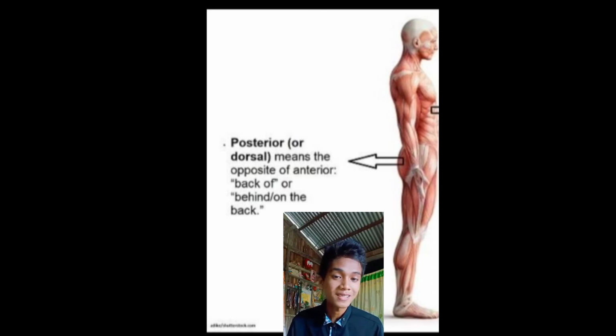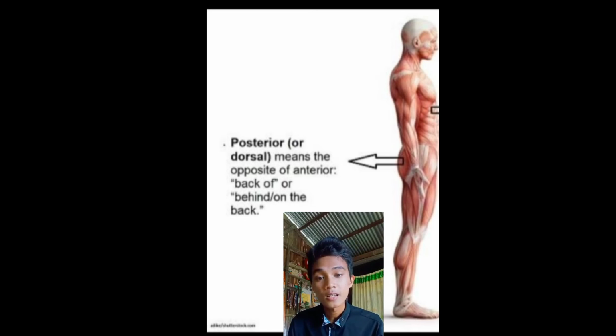Second example is the ears are posterior to the nose. Why? When we use a point of reference, if you look at the side, the ears are behind the nose, and the ears are at the back of the nose.